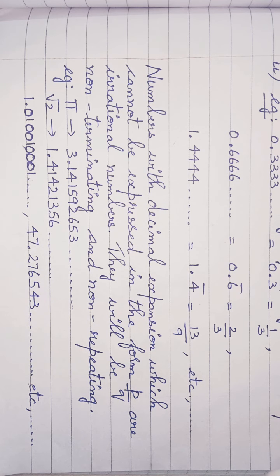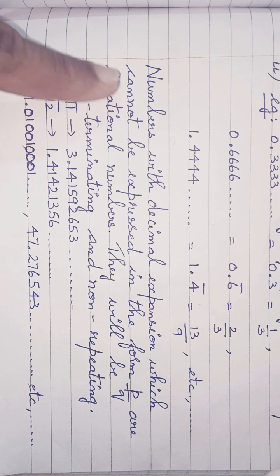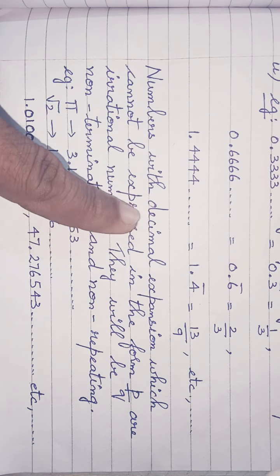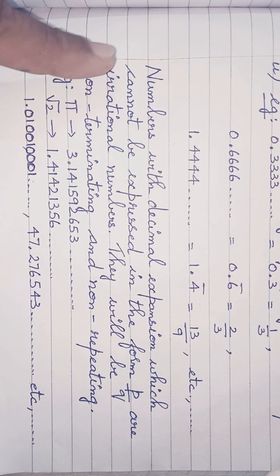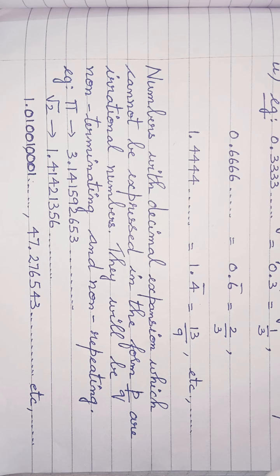Now we are going to discuss irrational numbers. Irrational numbers are exactly opposite of rational numbers. Irrational numbers are numbers with a decimal expansion which cannot be expressed in the form p by q. Now we were saying that all the numbers which can be written in the form of p by q are rational numbers.